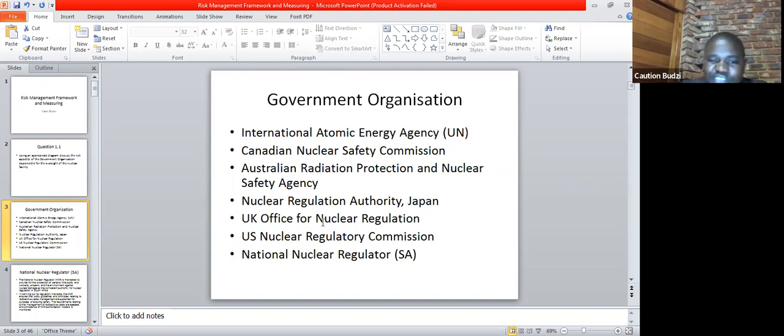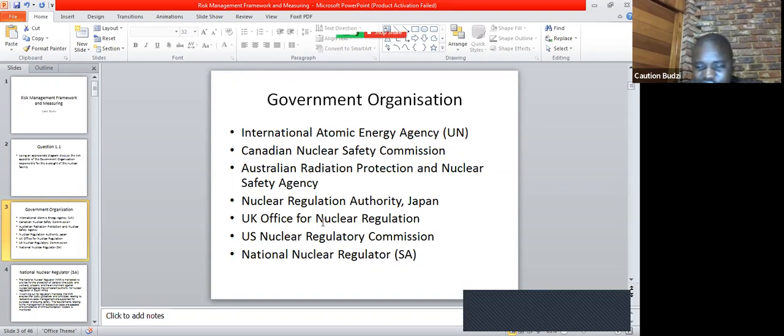In Canada, they have the Canadian Nuclear Safety Commission. Australia has the Australian Radiation Protection and Nuclear Safety Agency. In Japan, there's the Nuclear Regulation Authority. In the UK, there's the UK Office for Nuclear Regulation. We also have the US Nuclear Regulatory Commission. And here in South Africa, we have the National Nuclear Regulator.